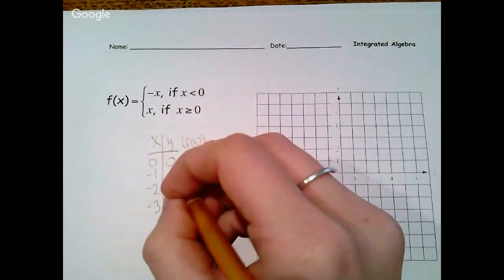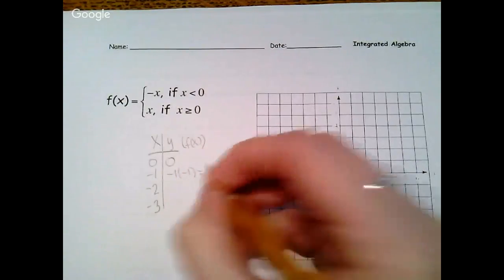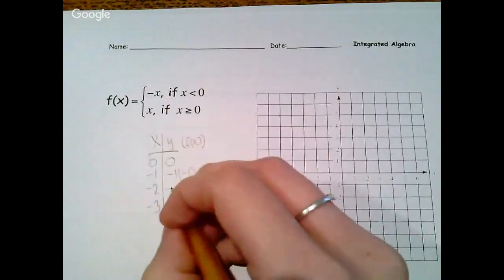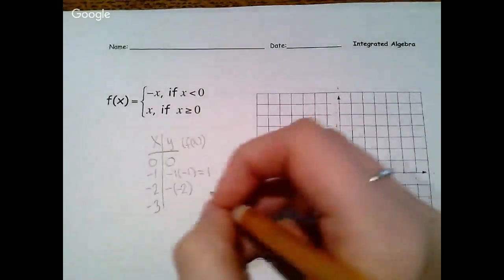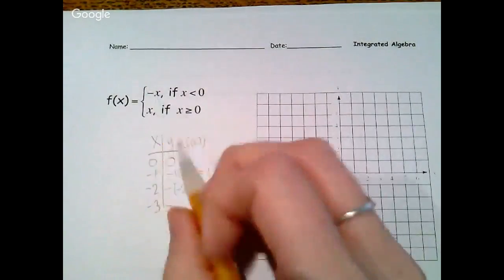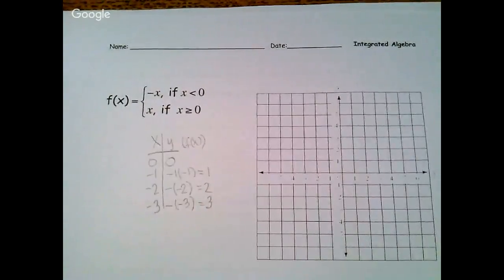This is the same thing as -(-1), which gives me a +1. Here, if I plug in -2, it's going to be -(-2), which makes it a +2. And for -3, it's going to be plugging it in here, minus a -3, which is a +3.